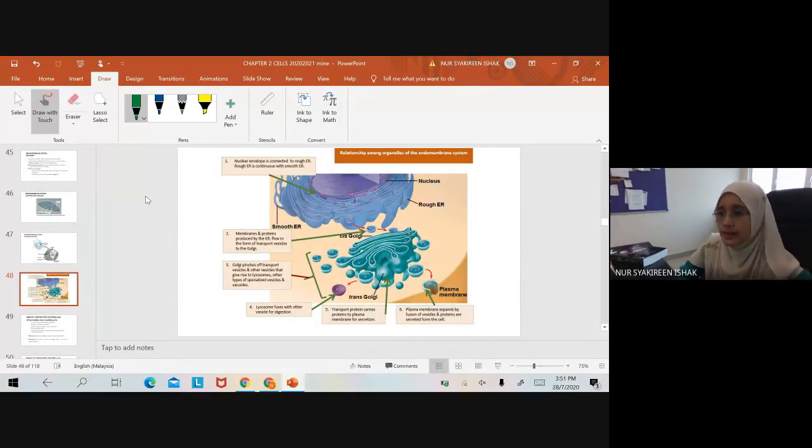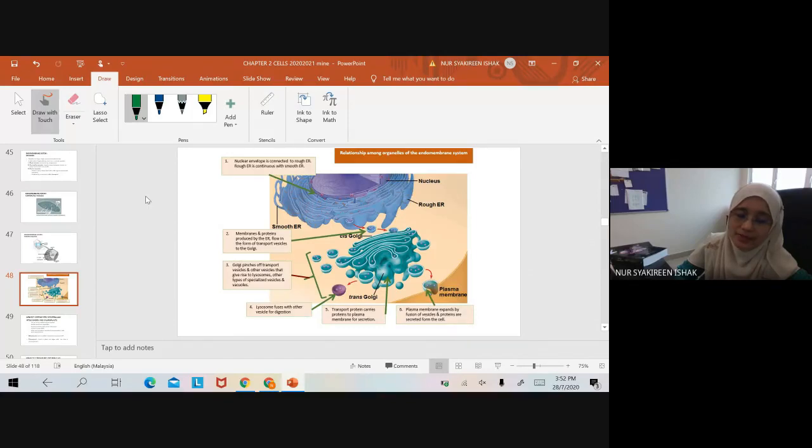Ni soalan tanya apa beza cis Golgi dengan trans Golgi. Cis Golgi dia face, kalau tengok gambar ni, the cis part of the Golgi it faces the rough ER. Okay, so dia adalah region pada Golgi yang akan terima transport vesicle yang datangnya daripada rough ER. Kalau trans face of Golgi, dia lebih dekat dengan plasma membrane.